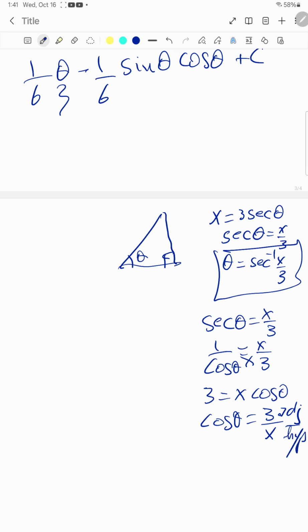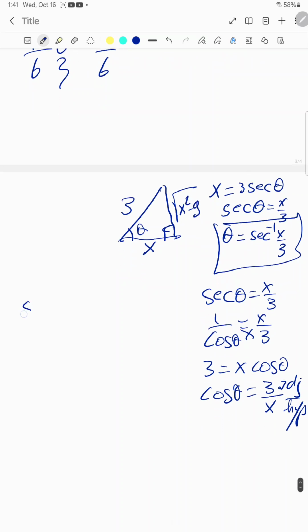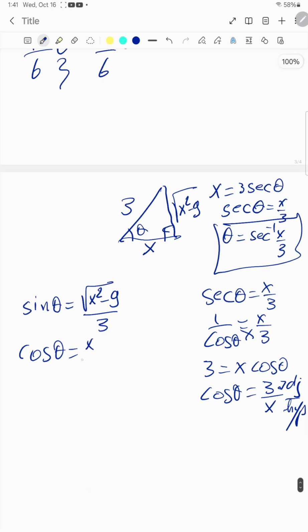If I look at my triangle, the adjacent of theta is this, and the hypotenuse is that. And this will become the original, square root of x squared minus 9. So now sine of theta is equal square root of x squared minus 9 divided by 3. And cosine of theta, we said it's equal x divided by 3.